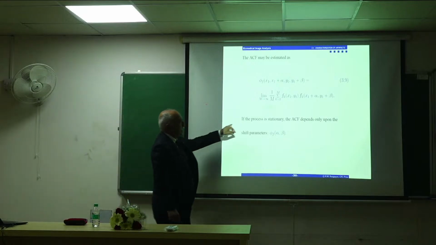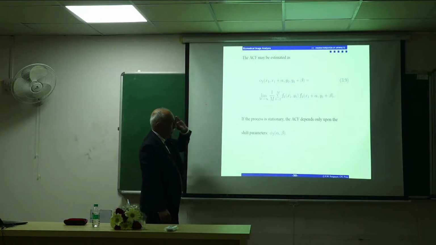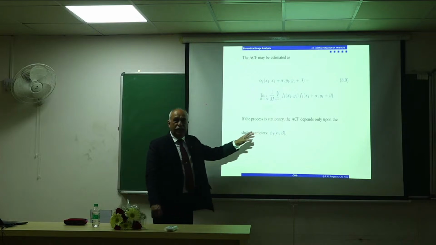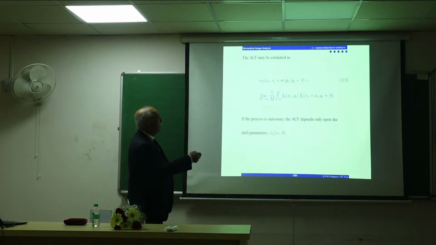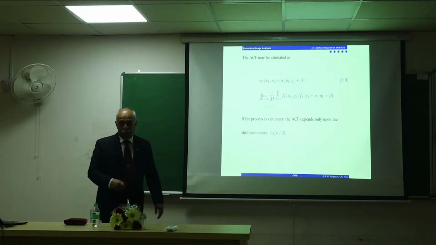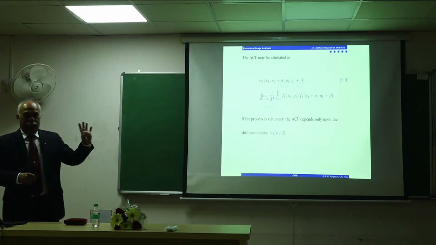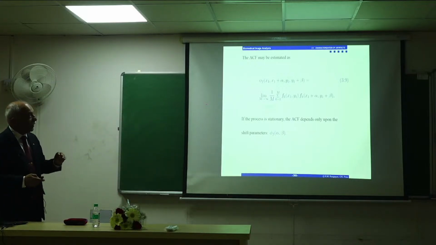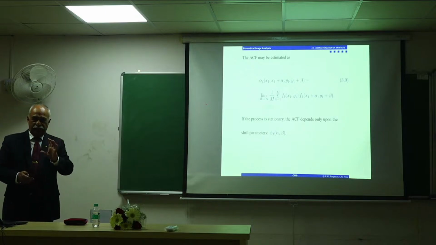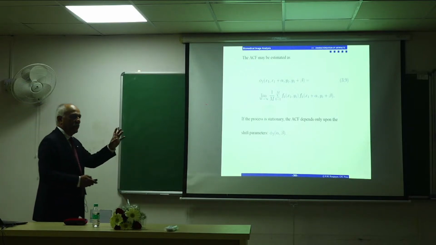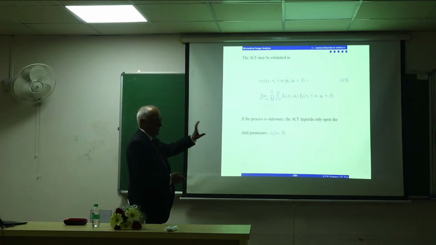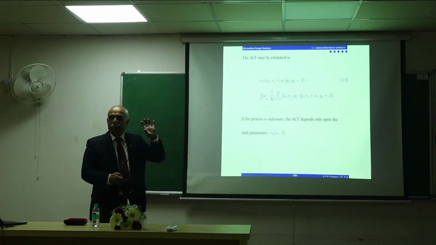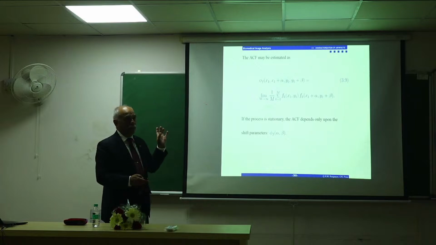If the process is stationary, the autocorrelation function depends only upon the shift parameters, phi_f(alpha, beta). So this x1, y1 will go away. That requires stationarity. Then autocorrelation is a function of the shift only, and the Fourier transform of that is not dependent upon the spatial position x1, y1.